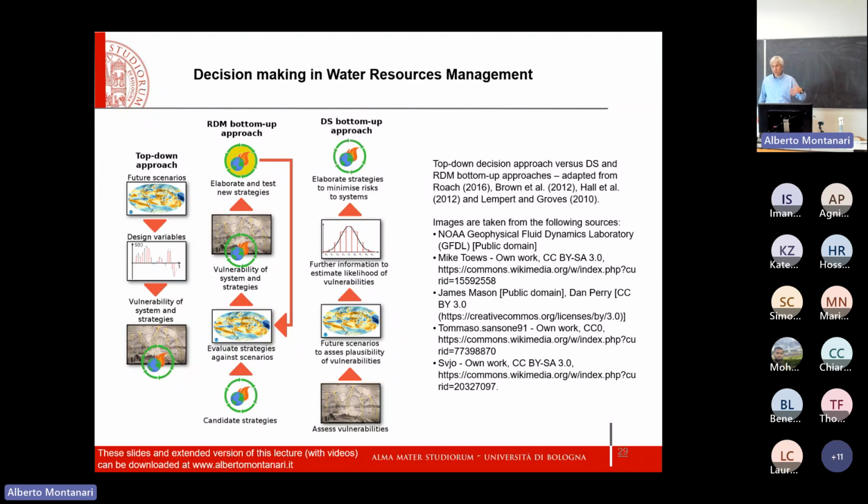We may include further information, not only climate models, but decision scaling explicitly mentions further information. And then after we identify the priorities in terms of vulnerability, we look at strategies to minimize risks to systems. And it is an approach that has in common with robust decision making the robustness.